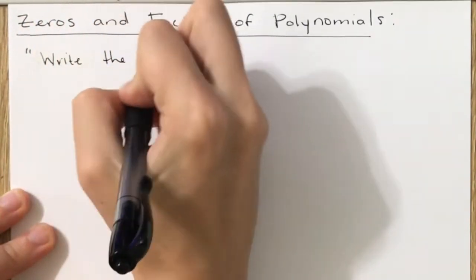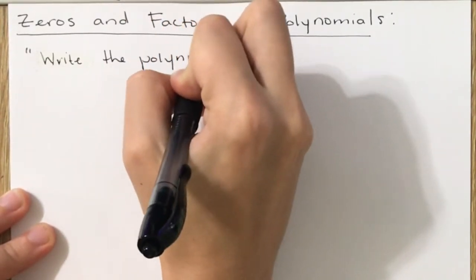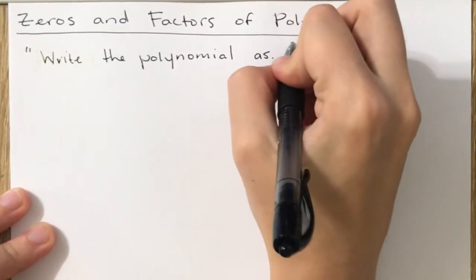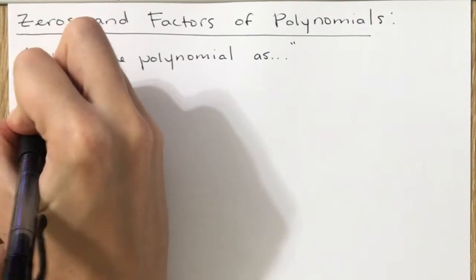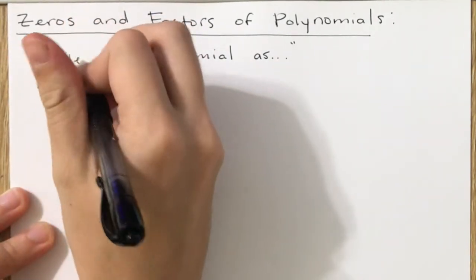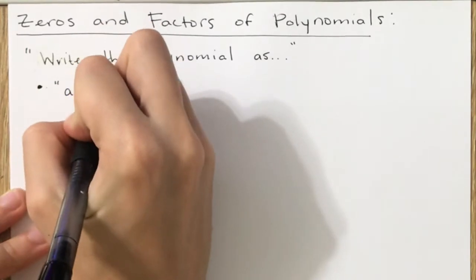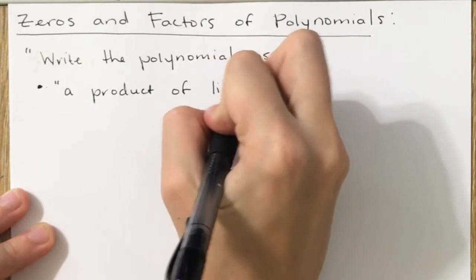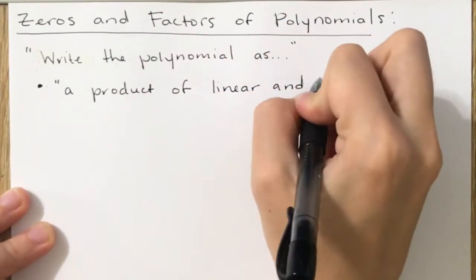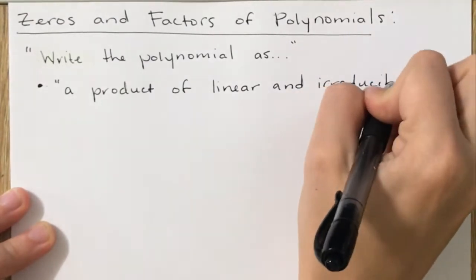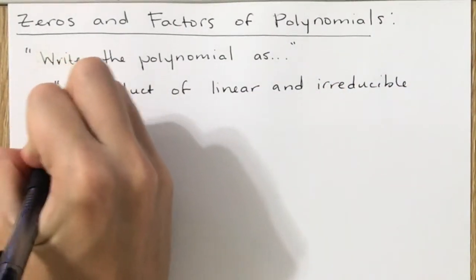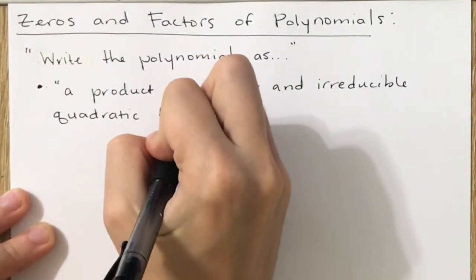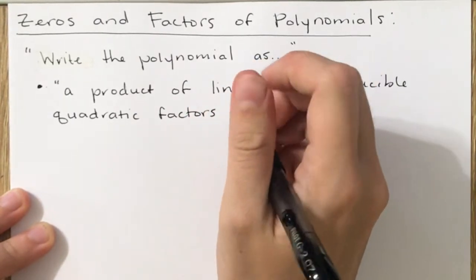Write the polynomial as a product of linear and irreducible quadratic factors with real coefficients.